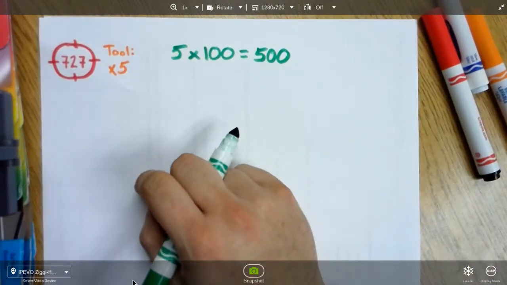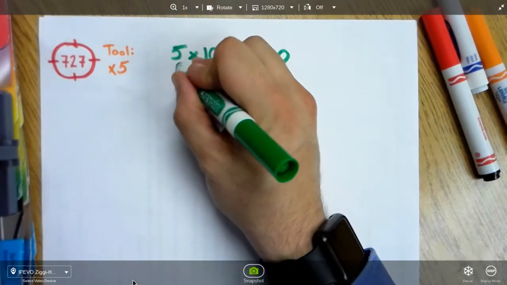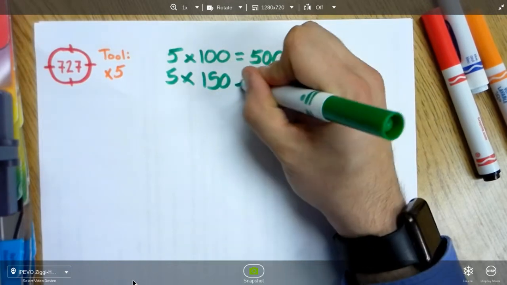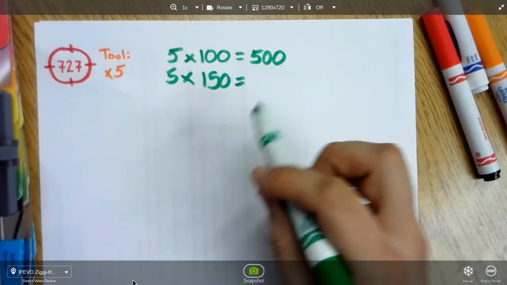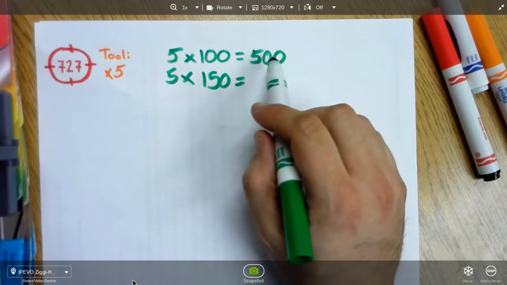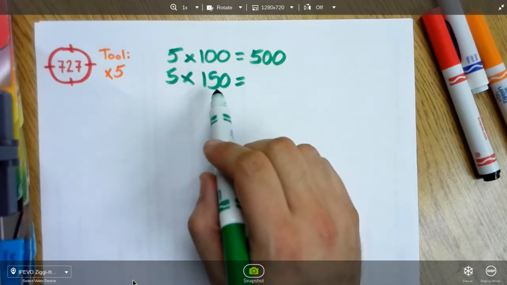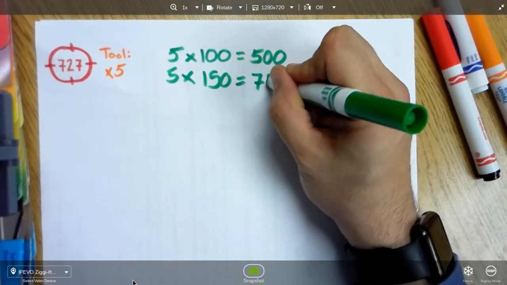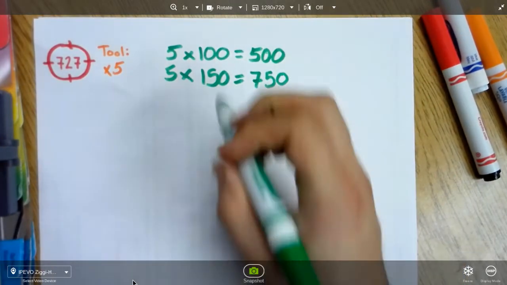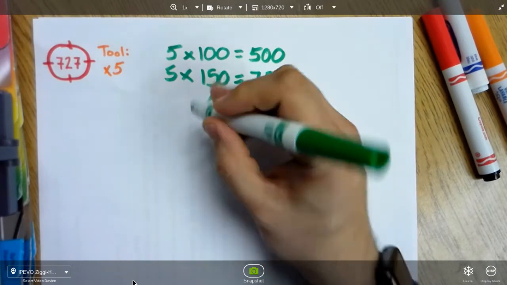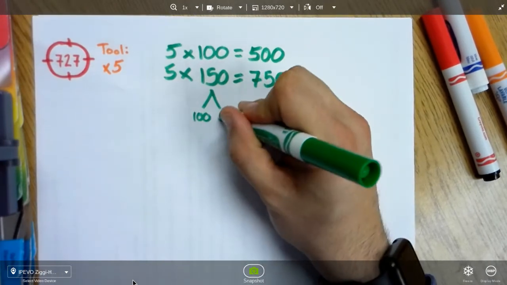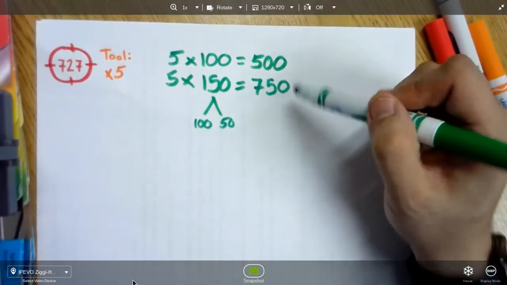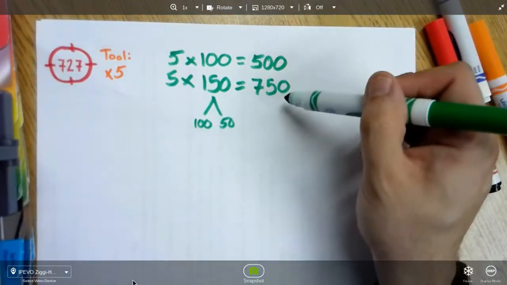Let's do 5 times 150 as a way of getting something a little bit closer. Let's see what that comes out to be. Well, I know that 5 times 100 is 500. 5 times 50 is going to be 250. So I think that's going to give me an answer of 750 if I break that up and do 5 times 100 and 5 times 50. So I'm going to get between 500 and 750 as my estimate. And sure enough, 727 does fall in between.